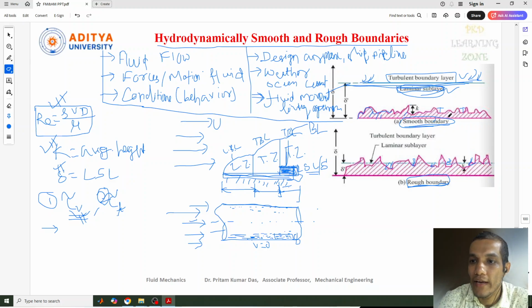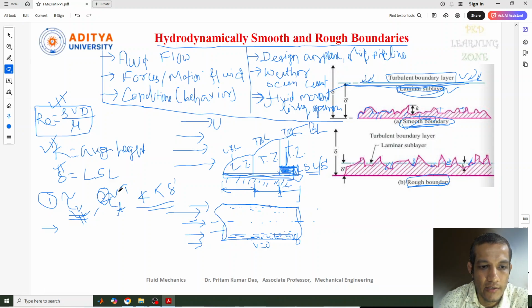So the average value of K for these irregularities projecting from the surface is very much less than delta star, or delta dash actually. In this condition, it is called a smooth boundary.